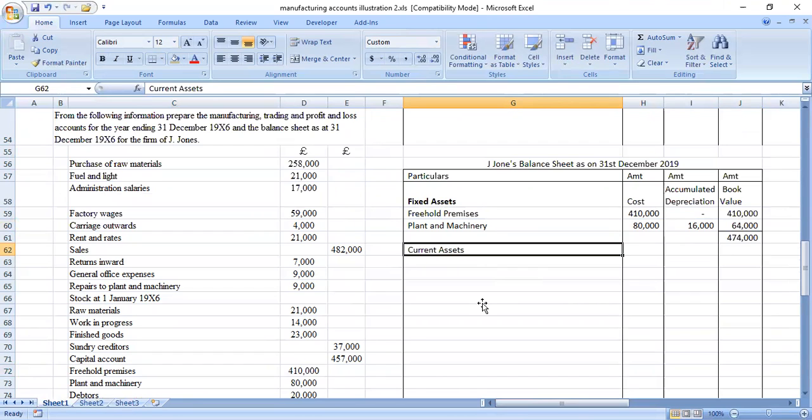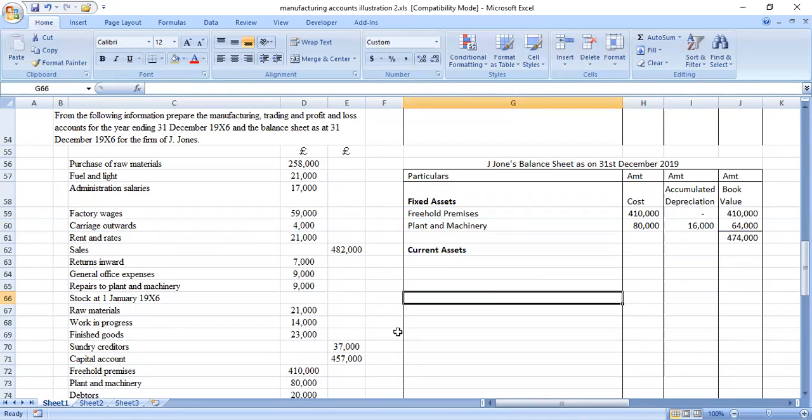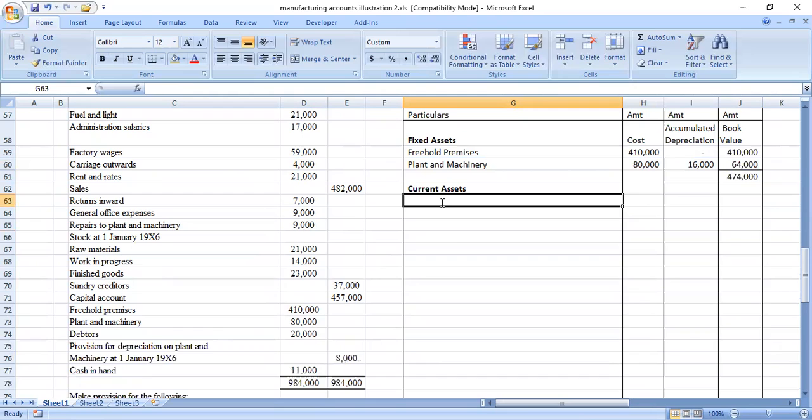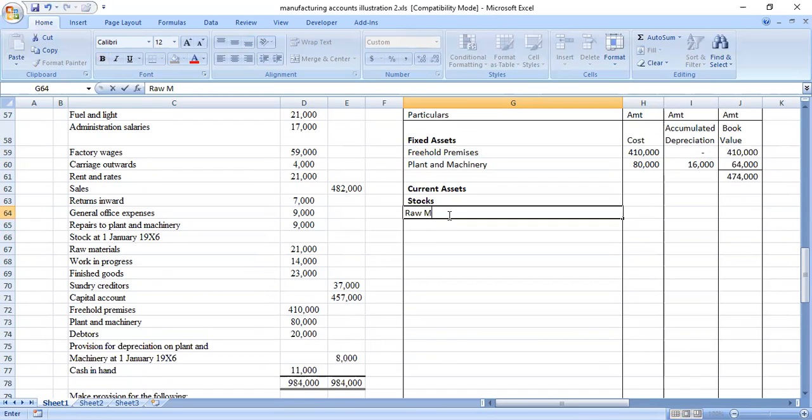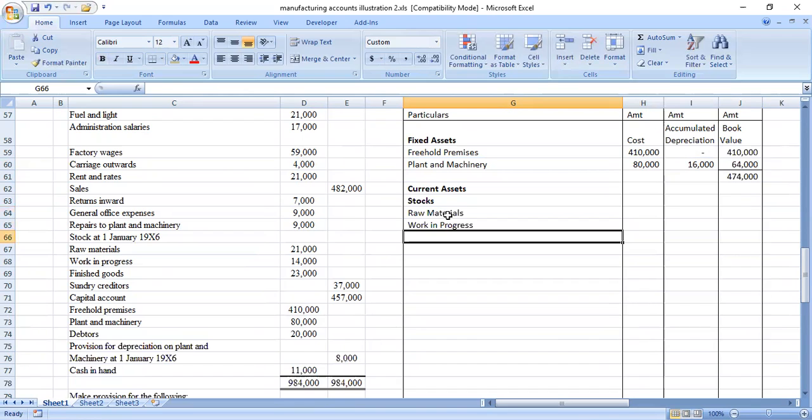Current assets. We begin with the stock. In this case, ours is stocks. So we have the raw materials, work in progress, and finished goods.